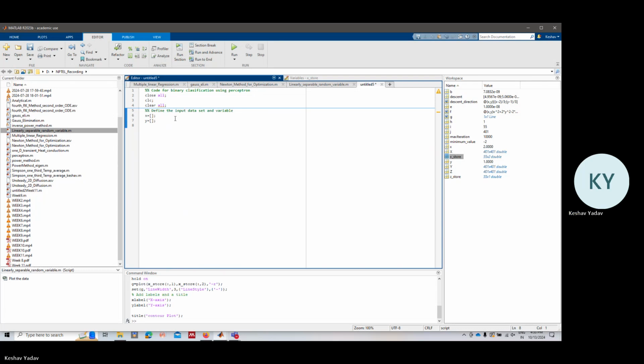Then suppose I need to define x now. Just give me one second. I need to use the training data set. So let me write the training data set. Wait for one second.